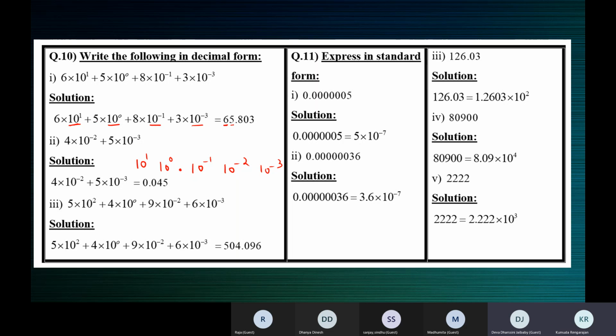Then the decimal point. Then 10 to the power minus 1, we have 8. The next one is 10 to the power minus 2, but we don't have anything in that place. It is 0. Then 10 to the power minus 3, the digit is 3.